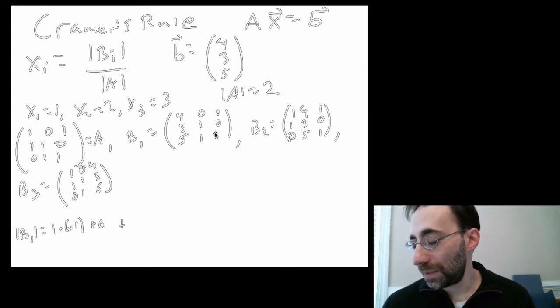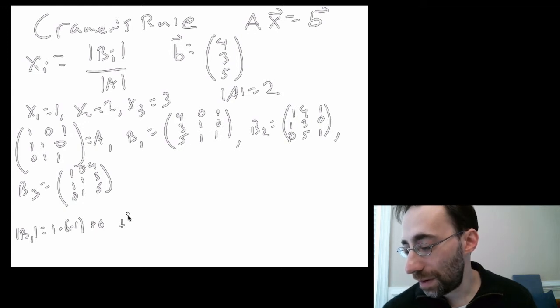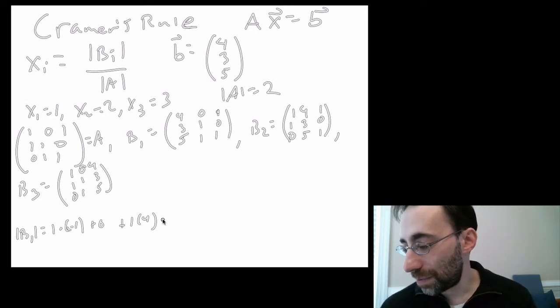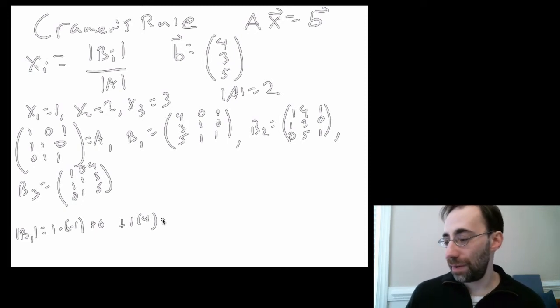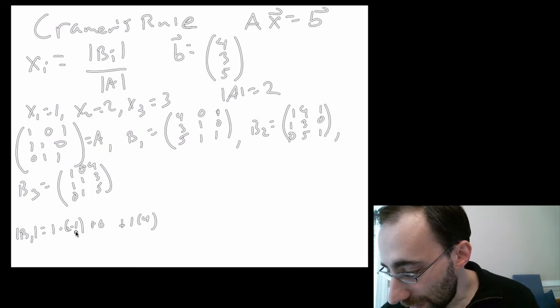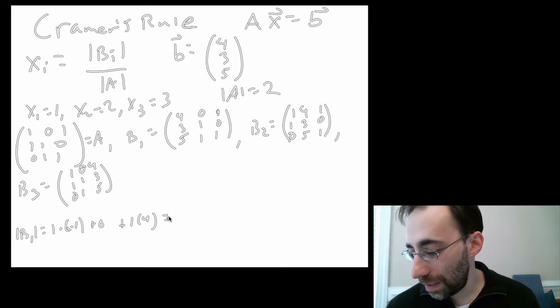And the last one is 1 again. Cross these out. You get 4 times 1 is 4. Minus 3 times 0 is 0. So that's 0. So it's 4 minus 0, or 4. So you have negative 1 plus 4 equals, and I made a mistake there somewhere.